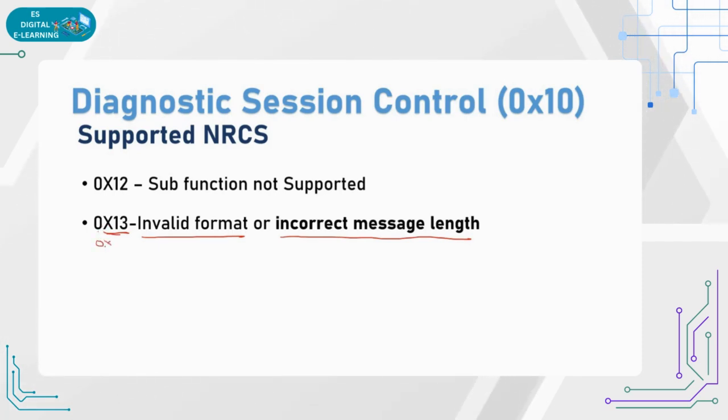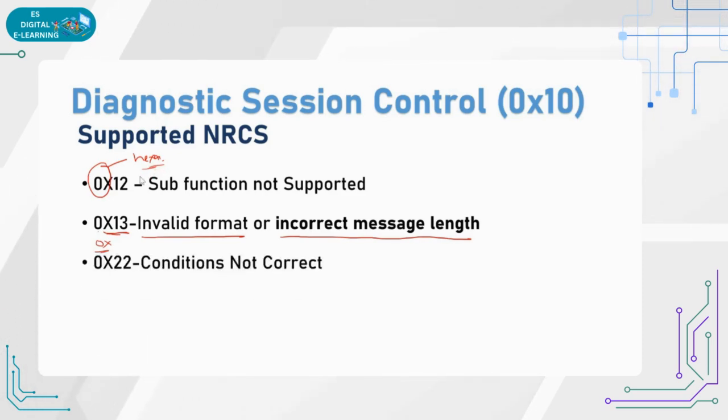Here 0x means hex value, hexadecimal. We usually write like this because the system understands bytes. Next is condition not correct: 0x22, with a small x. Small x means hex value.